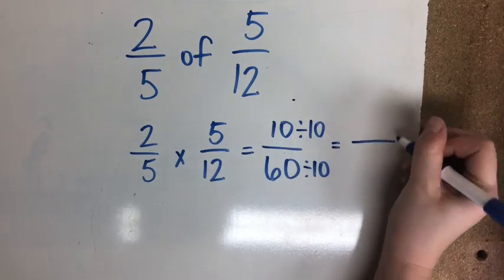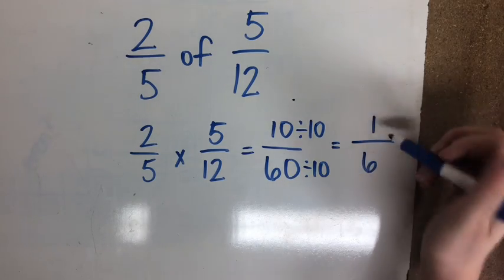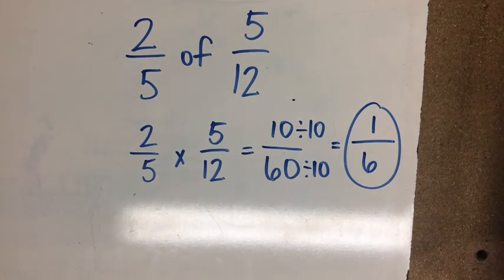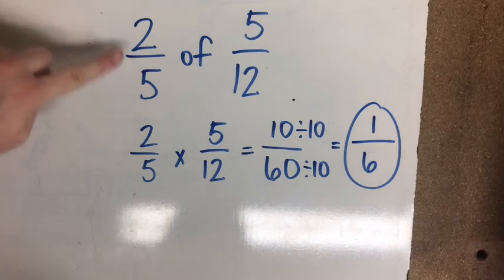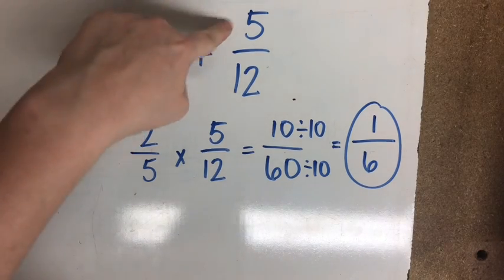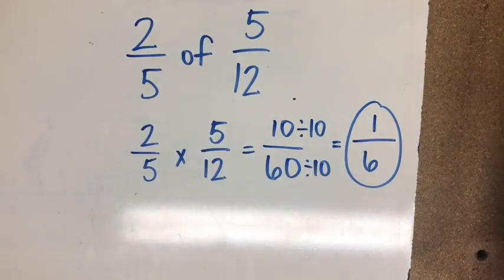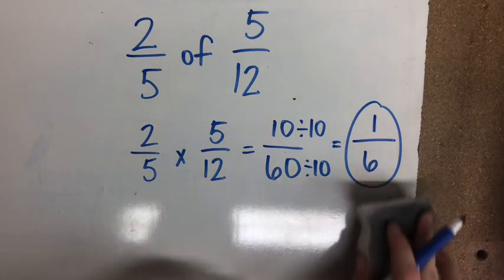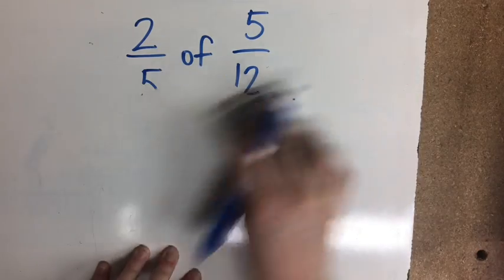And if you do that, you get 1/6 as a simplified answer. So that means that 2/5 of 5/12 is 1/6. Let's do one more example.